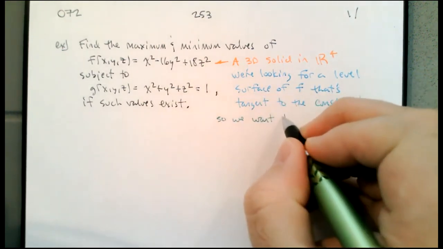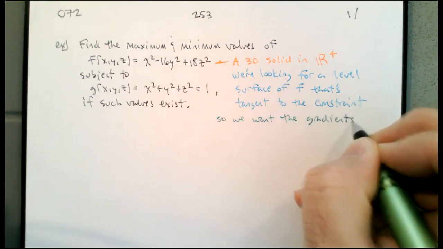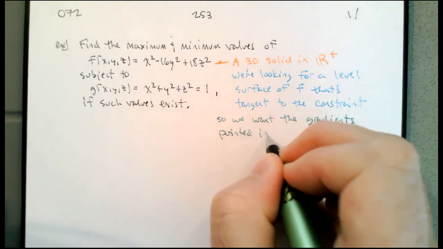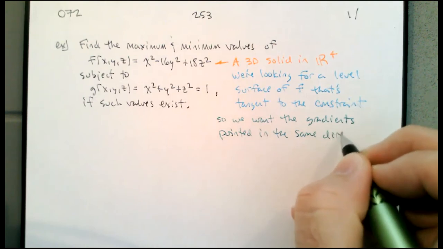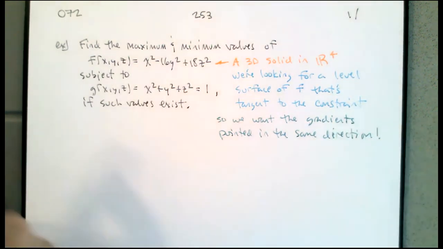So we still want the gradients pointed in the same direction. So although geometrically this problem seems a lot different, we're still after the same thing. We're still going to apply the same method.